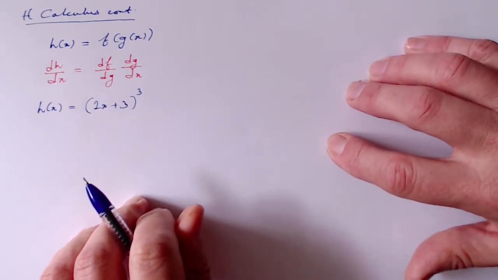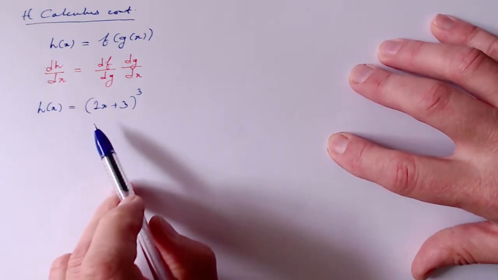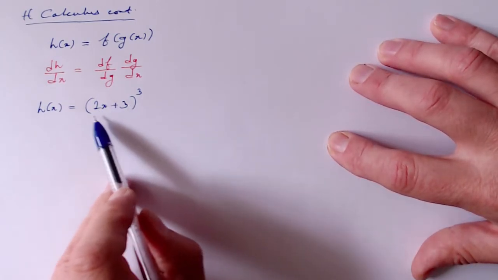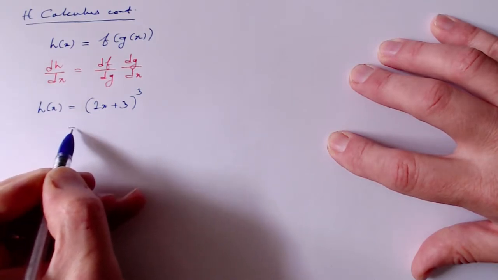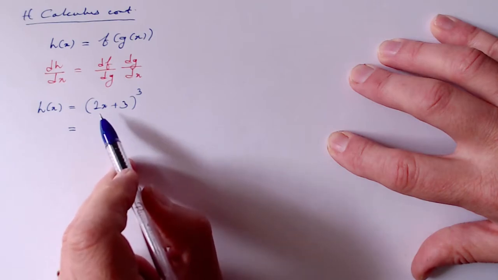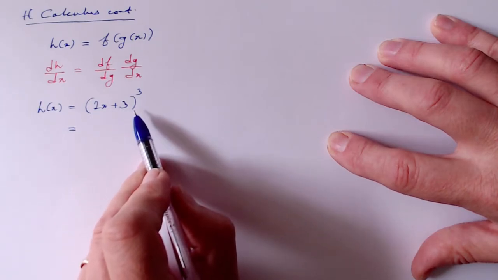All right. Now, one way to differentiate this is just to expand this out. I'm going to do this quickly, but you can check this if you like just by multiplying out these three brackets step by step.